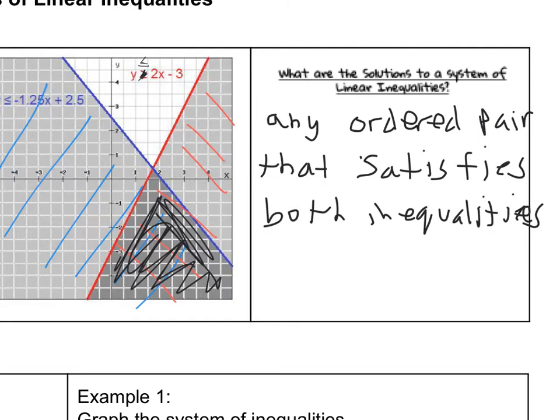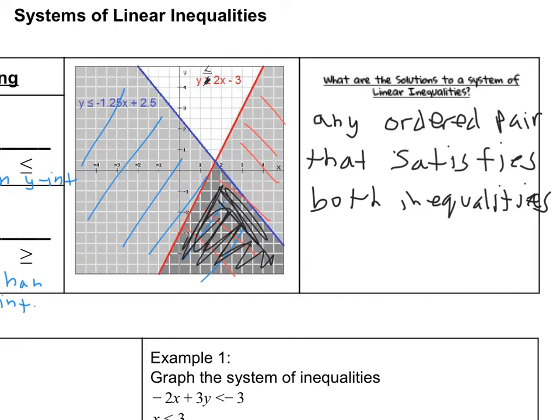All right, so as you copy that down, we are going to try to pick a coordinate that is a solution to both inequalities. Well, this dark shaded section right in here where my laser pointer is going is a solution, anywhere in here. So let's circle something that's right on a coordinate. Let's circle this one right here.